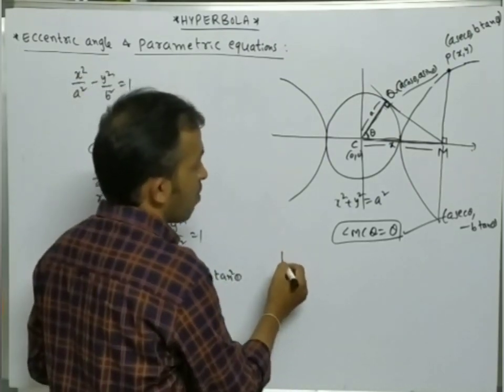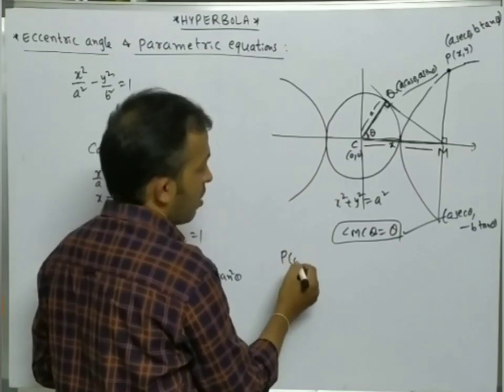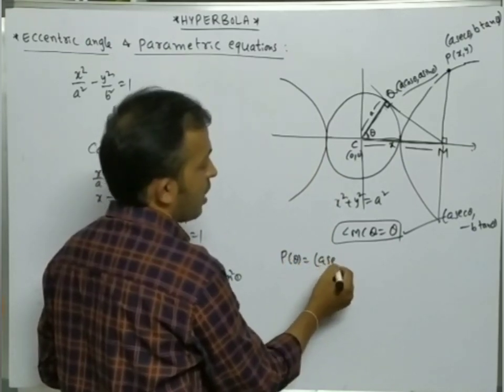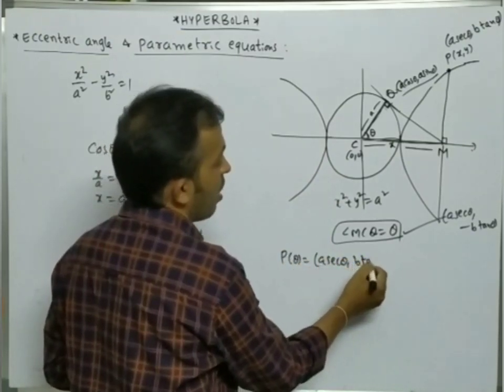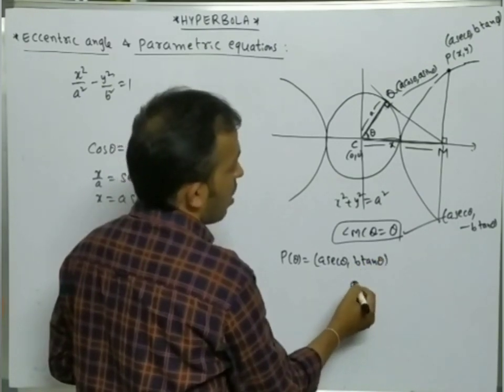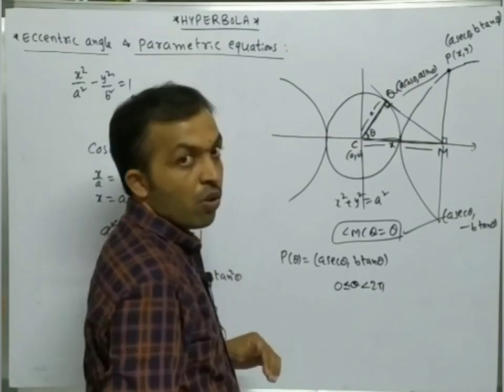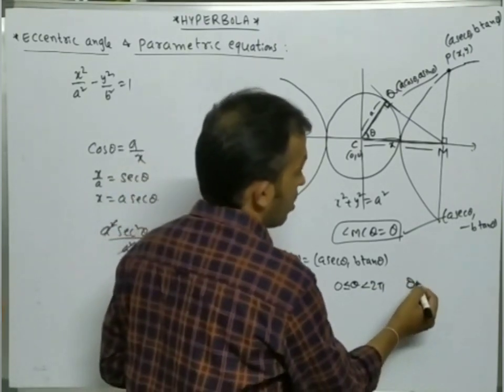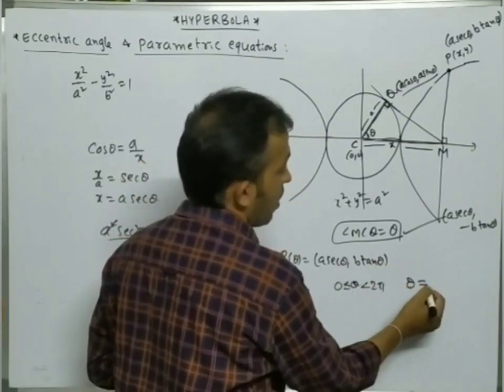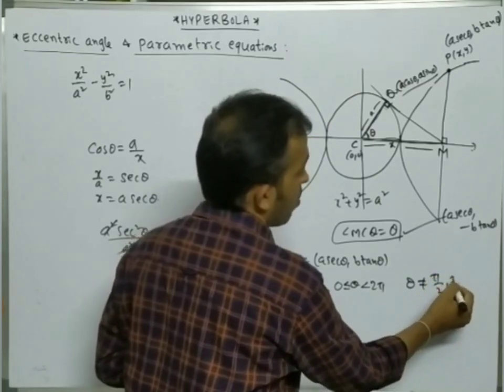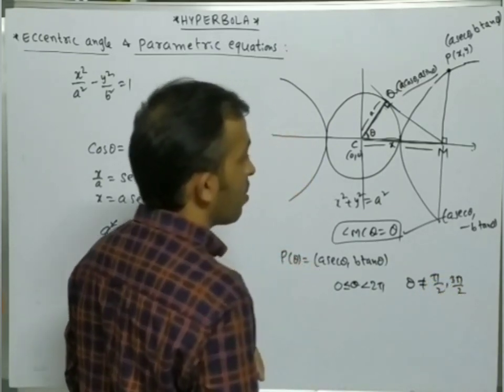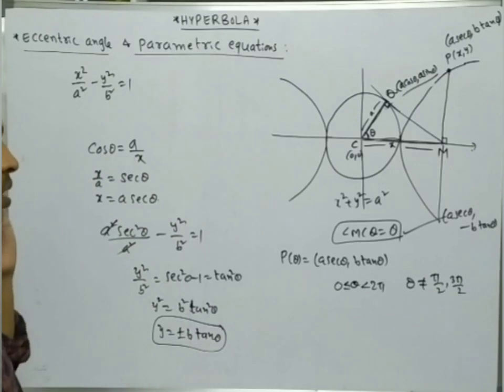Here the point is of the form P of theta, that is a sec theta comma b tan theta, where theta lies between 0 to 2 pi, and the condition is that sec and tan are not defined at odd multiples of pi by 2. So theta is not equal to pi by 2, theta is not equal to 3 pi by 2. These are the parametric equations of hyperbola.